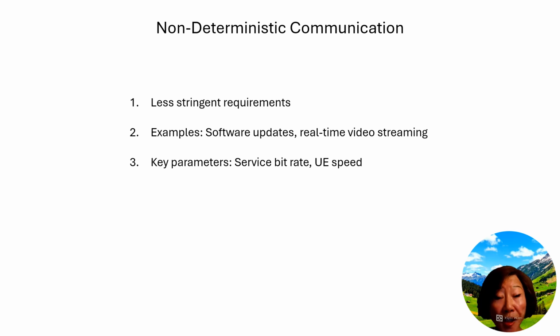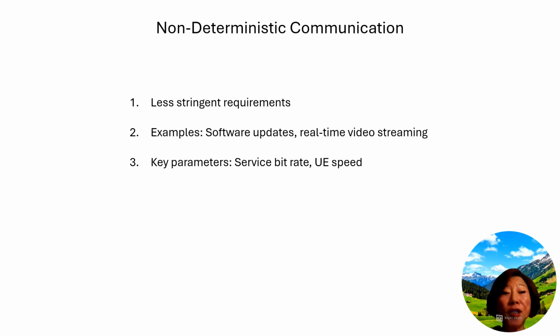While non-deterministic communication has less strict timing requirements, it still needs to meet certain standards. For software updates, integrity of the data is crucial, so the system might employ robust error correction and retransmission mechanisms. For video streaming, consistent bitrate is important to maintain quality.